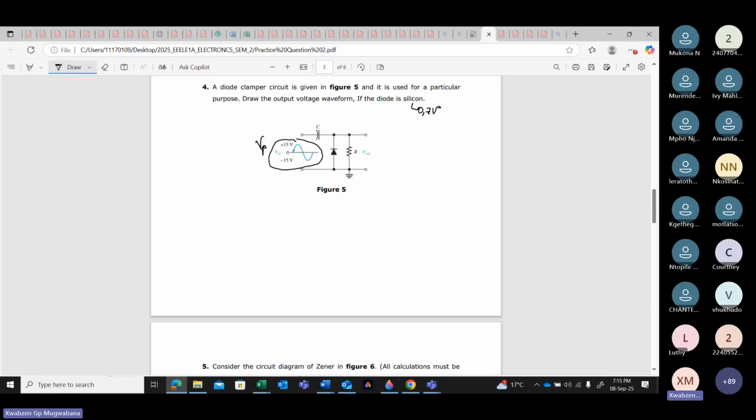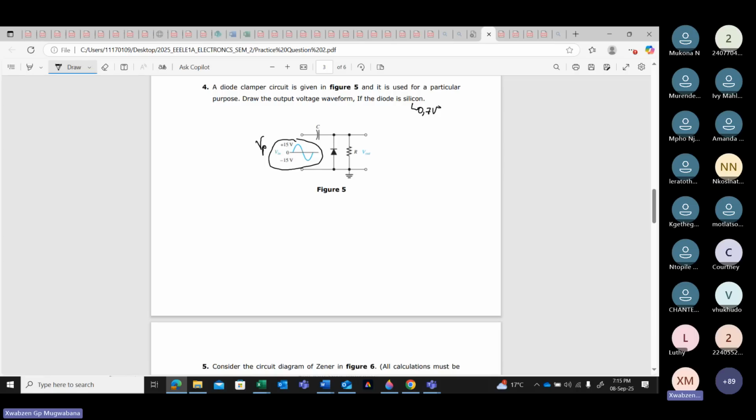Can you see what is happening? Which means the positive cycle is not doing anything. The negative cycle is the one which is switching on the diode, and at the same time it is charging the capacitor.